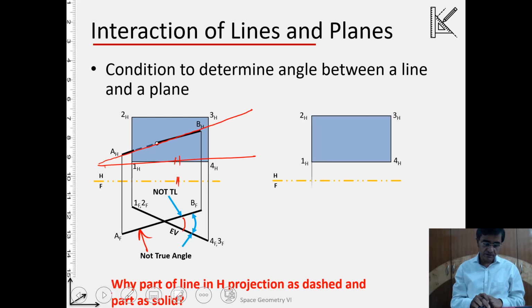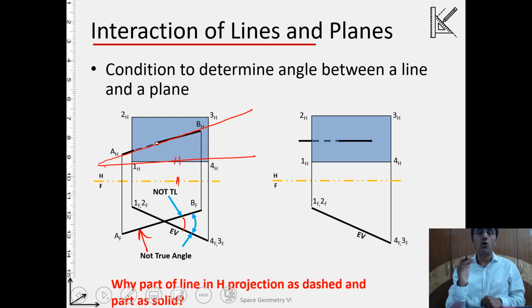In the other case, again, a plane and the edge view of the plane, as we have seen earlier. Now here in this case, the projection of the line on the horizontal plane is parallel to the hinge line. So what is the meaning of this? The meaning of this is this line is parallel to the frontal plane.